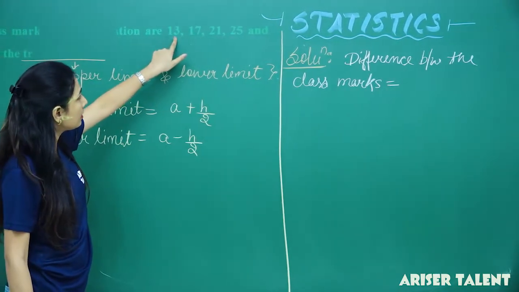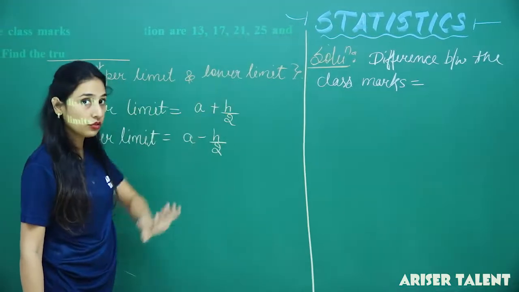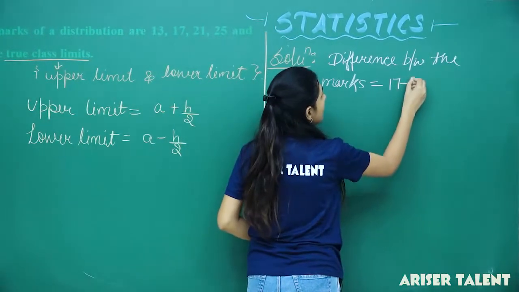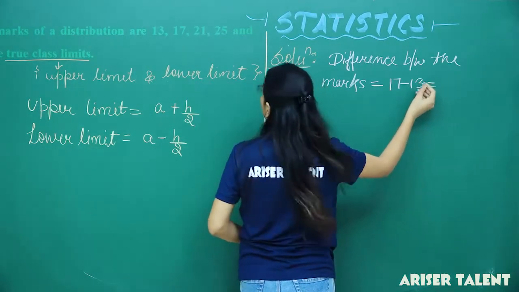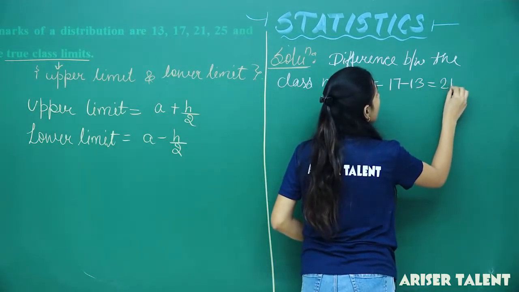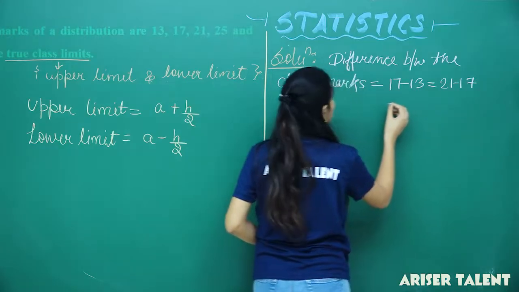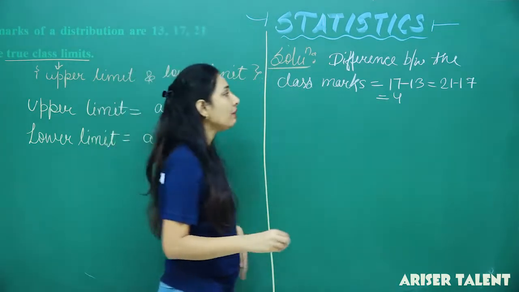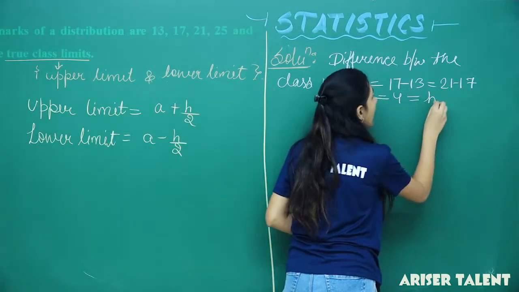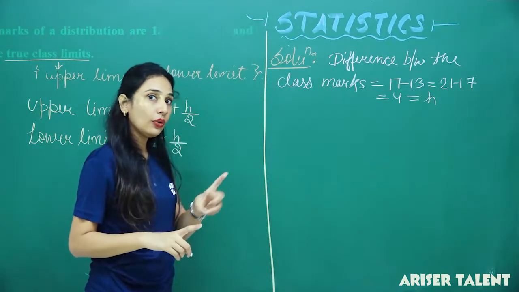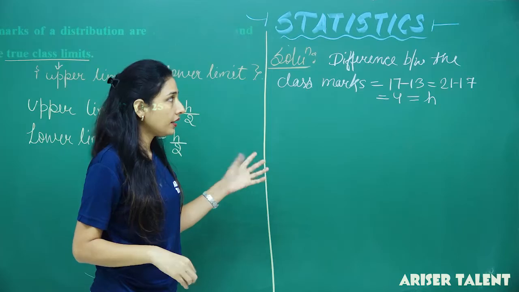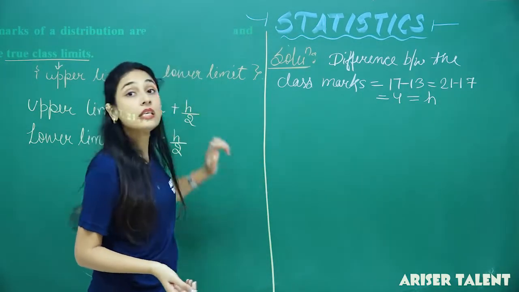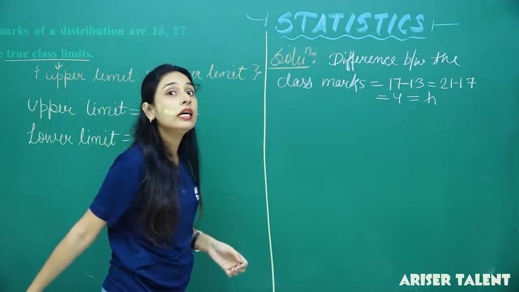Now I am picking 13, 17 and 21. The difference of 17 minus 13 should be equal to 21 minus 17. So, that will be 4. So, the class mark difference is 4, and that is the value we are looking for, that is H. So, H is here for you, and you know how to find the value of A. The value of A will be the class marks.